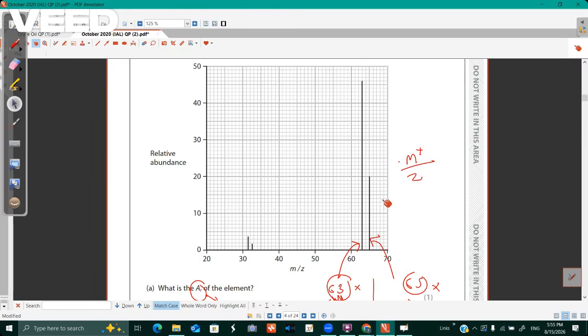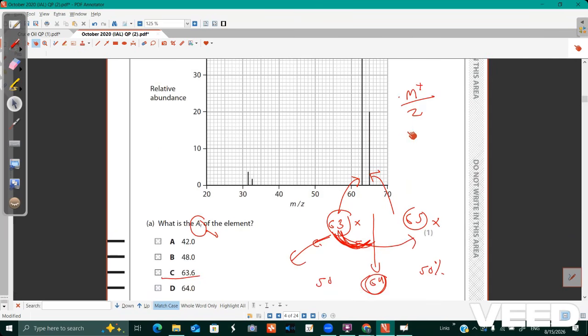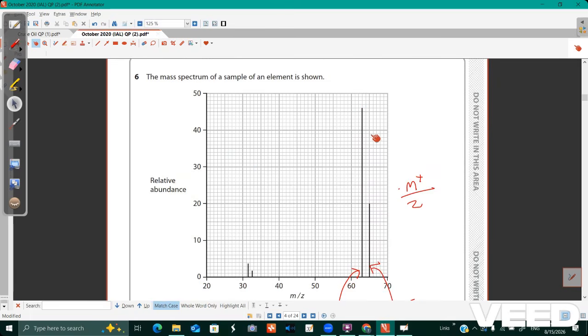The isotopes are also coming into play. Molecular ion peaks sometimes have another little peak because of the isotopes. But here they are asking about AR. AR means they are asking the average. So when you are taking the average, you don't need to do a calculation.